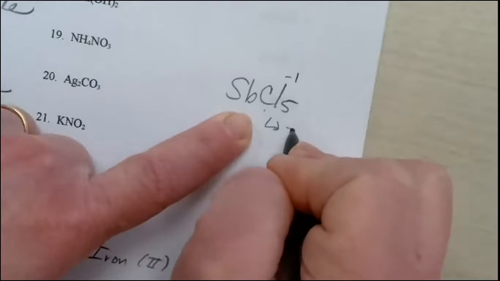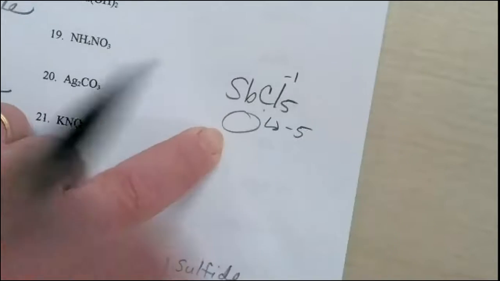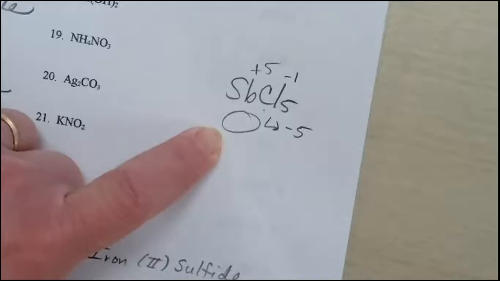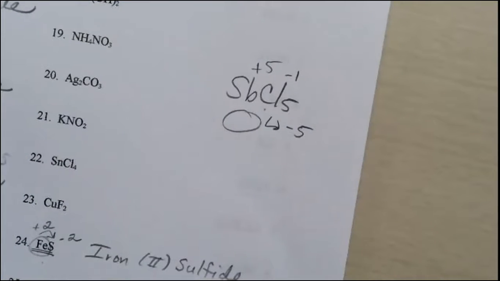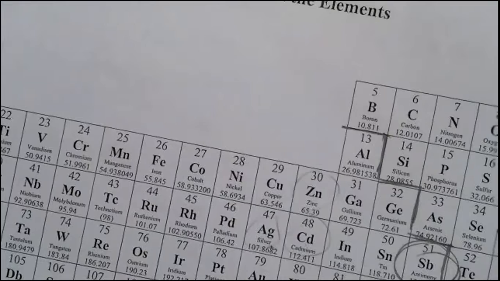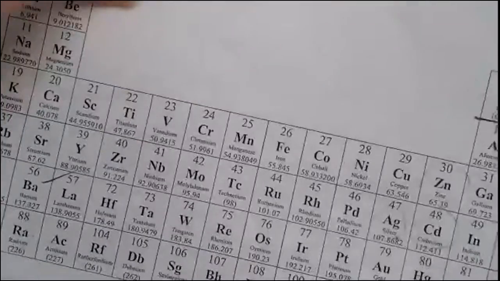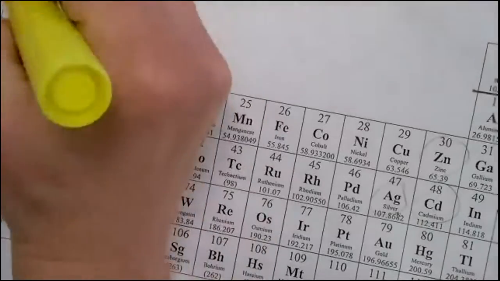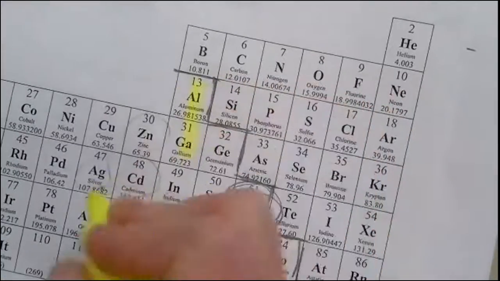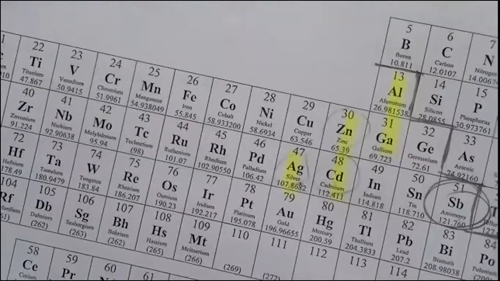And so that will be a -5. Antimony, there's only 1 of them. And so it must be a +5. Okay, yes, ma'am. So how do we know, other than the 2 columns and the little staircase, which one's not the plus? Every other one. We always know +1, always +2, always +3, 1 and 2. And then we don't know any of the other ones.